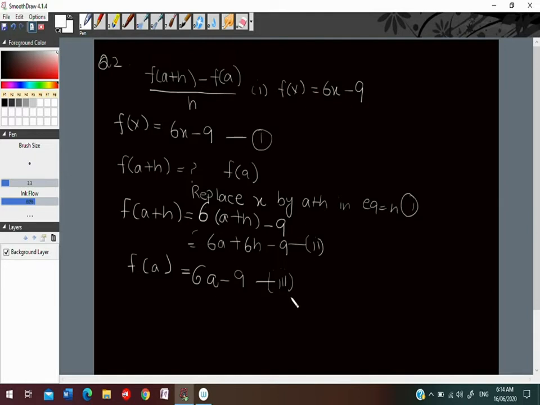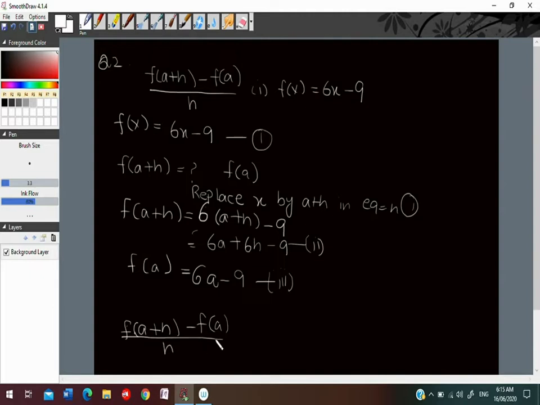So we put all these values, equation number 2 and equation number 3, in this formula. We put these values of f of a plus h and f of a in this formula. So what we get? F of a plus h minus f of a divided by h.